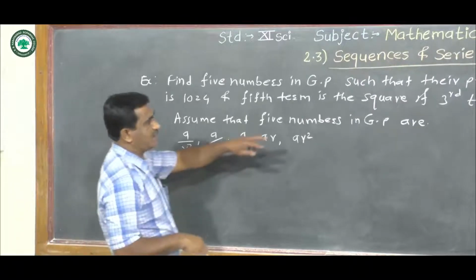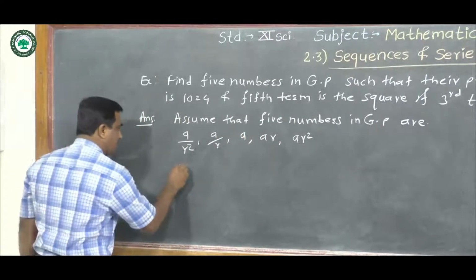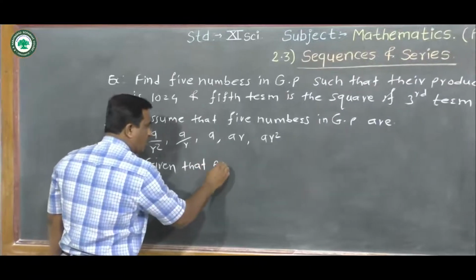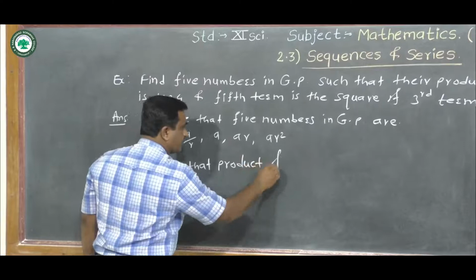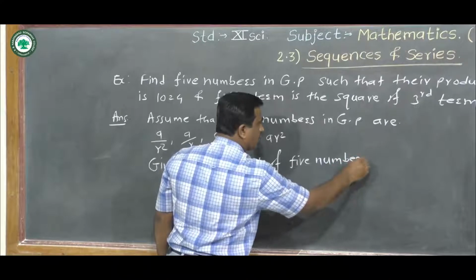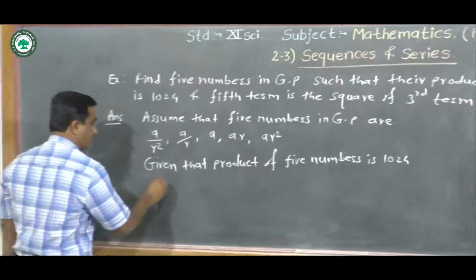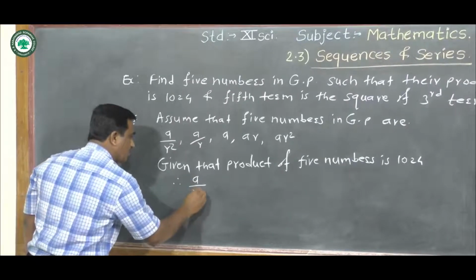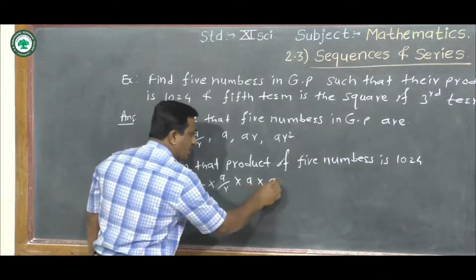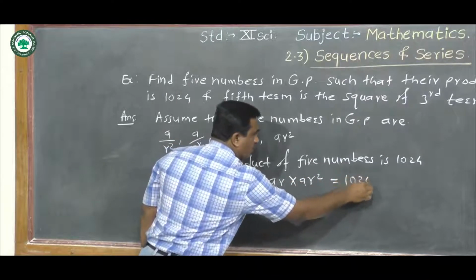Okay, now we use the first condition here. The product of these 5 numbers is equal to 1024. Given that the product of 5 numbers is 1024. Therefore, we can write a upon r square into a upon r into a into a r into a r square is equal to 1024.